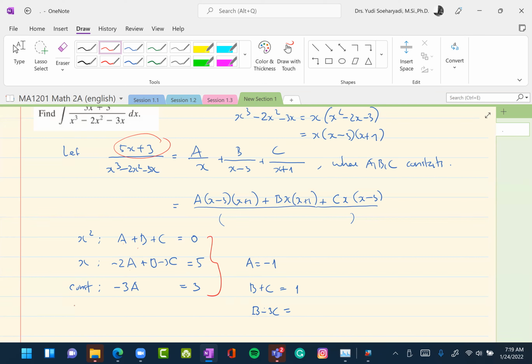First question is, how do you get a(x minus 3)(x plus 1) plus bx, the long part? Well, what do you do if you have addition of rationals?